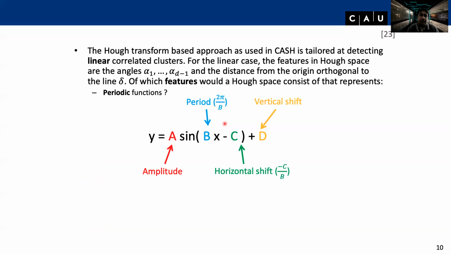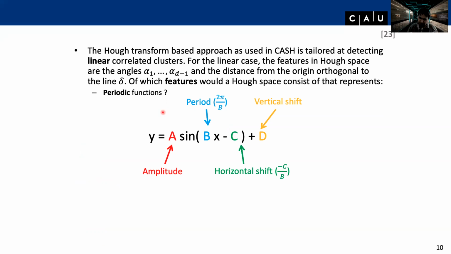Well, then let's go from quadratic functions to a different nonlinear type, and these are periodic functions. And now you may ask, how the heck are we going to represent that? Well, Hough transform or parameter space transform, it's already in the name of parameter space.